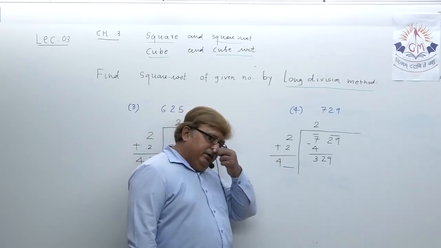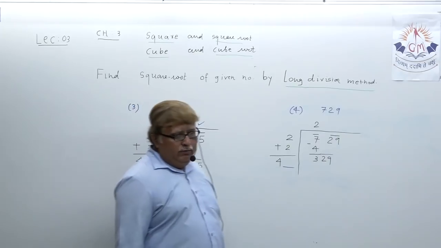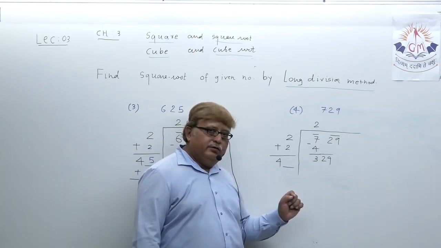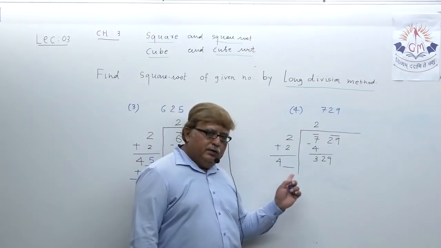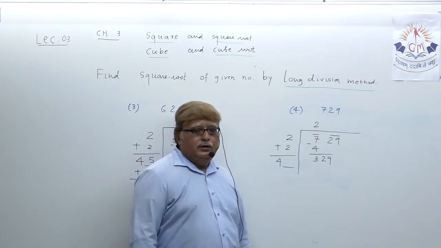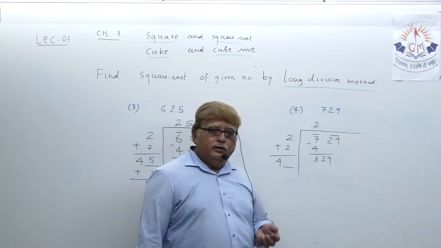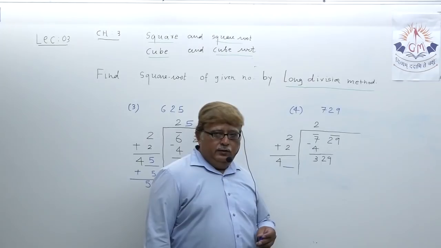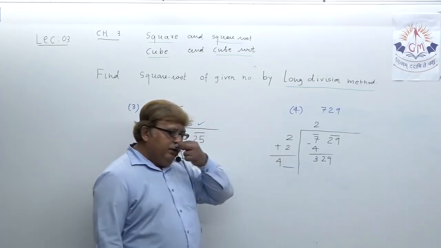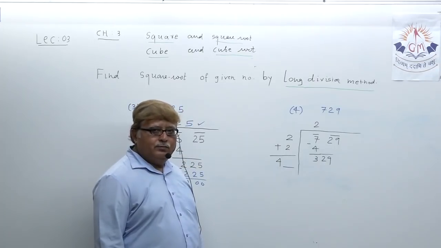So in the units digit, 2 is not going to work. 5 is not going to work. 6 is not, because 6 6s are 36. Which two numbers are going to work here? Either 3 or 7. 2 2s are 4, 3 3s are 9, 7 7s are 49. So either here you can take 3 or 7.